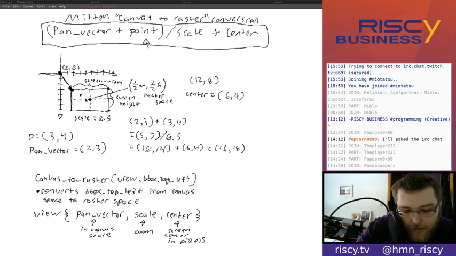So 8, the center is 6, 4, so this is 4, which means this is 2. So P should equal something, 2 in raster space. And that something value is less than 2.